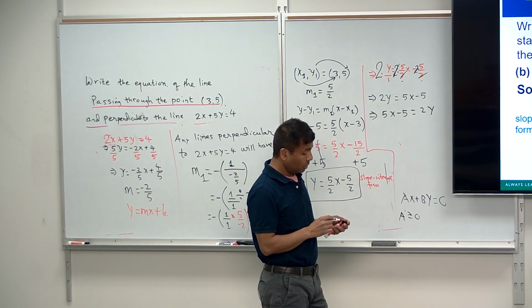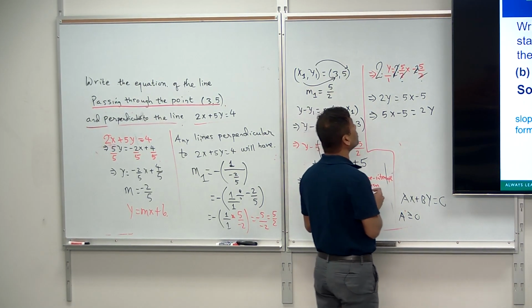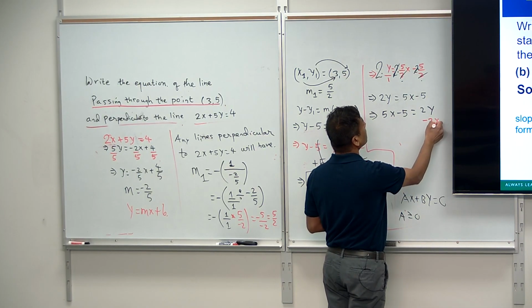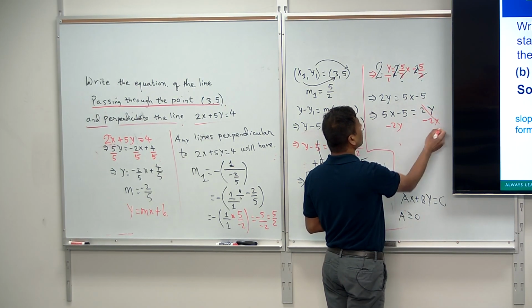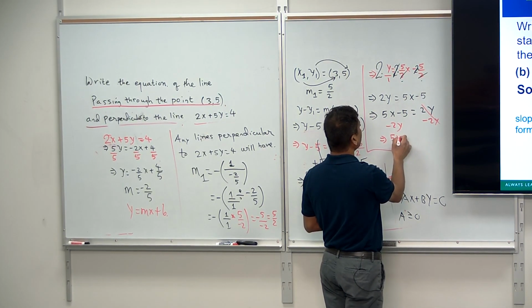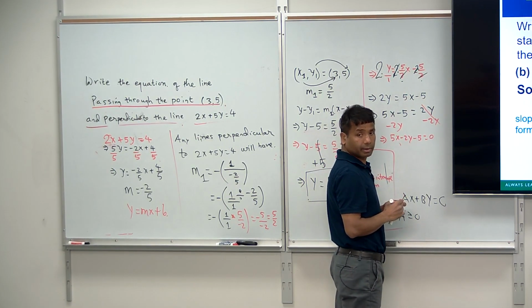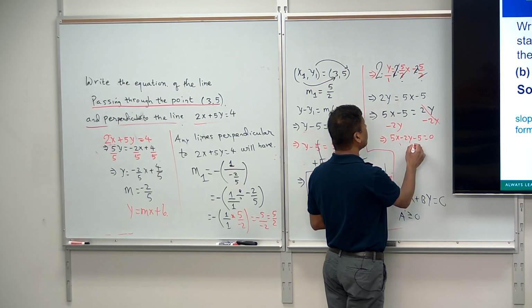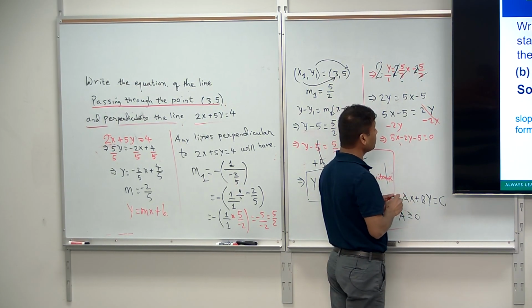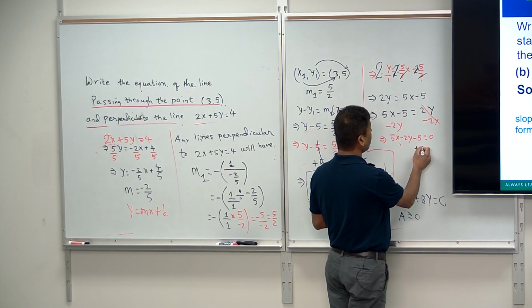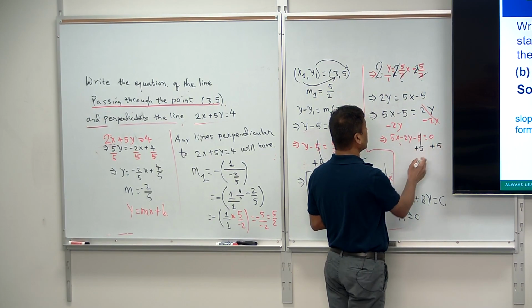So now you subtract 2y from both sides. I can do that. You cross them out. So 5x minus 2y minus 5 equals 0, right? Then you add 5 on both sides. You cross them out.